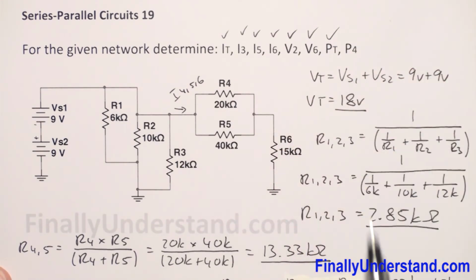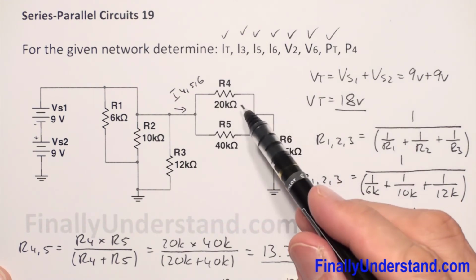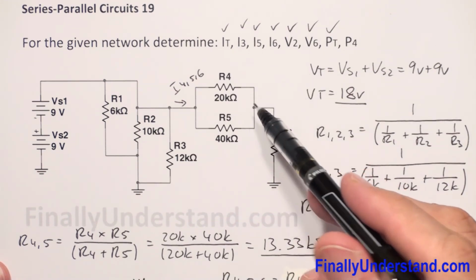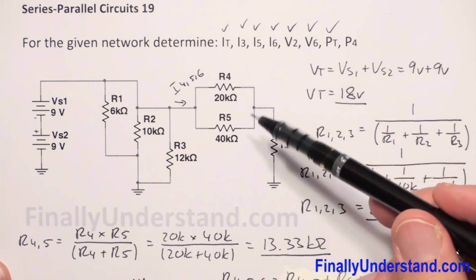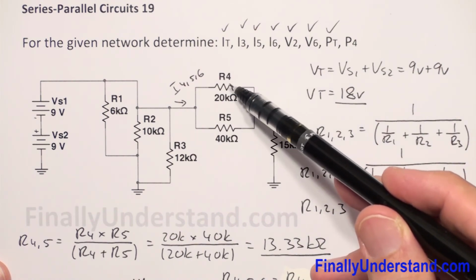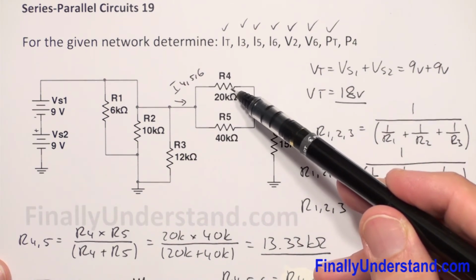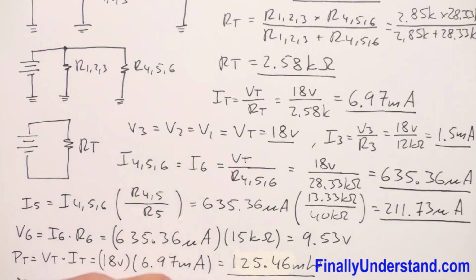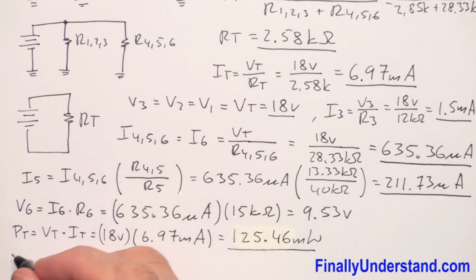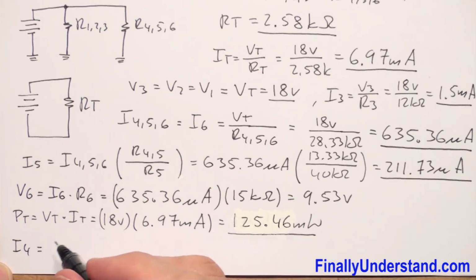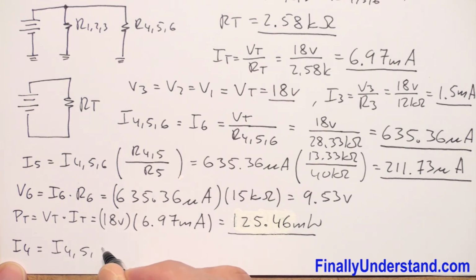We're supposed to find also the power at resistor R4. In order to find the power at resistor R4, I'm going to find the current which goes through resistor R4. I4 is equal to I4,5,6, or we can simply say I6 minus I5.